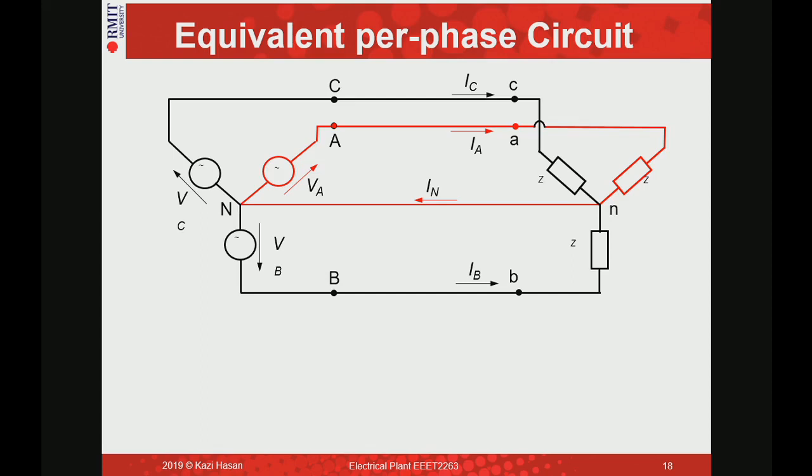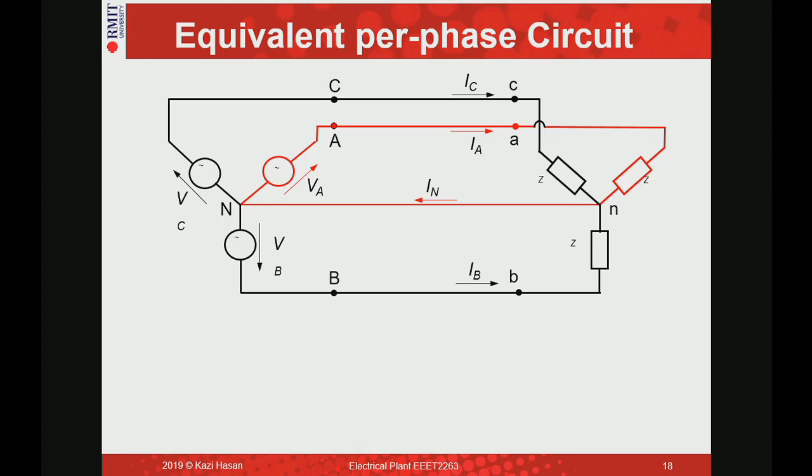Now, if it is a balanced three-phase circuit, if all are the same, phase A, phase B, phase C, then as you can see, when three phases are coming, the calculation is getting a bit complicated. So if they are balanced and you want to do a simple calculation, it is called per phase calculation. You can convert to your equivalent per phase circuit.